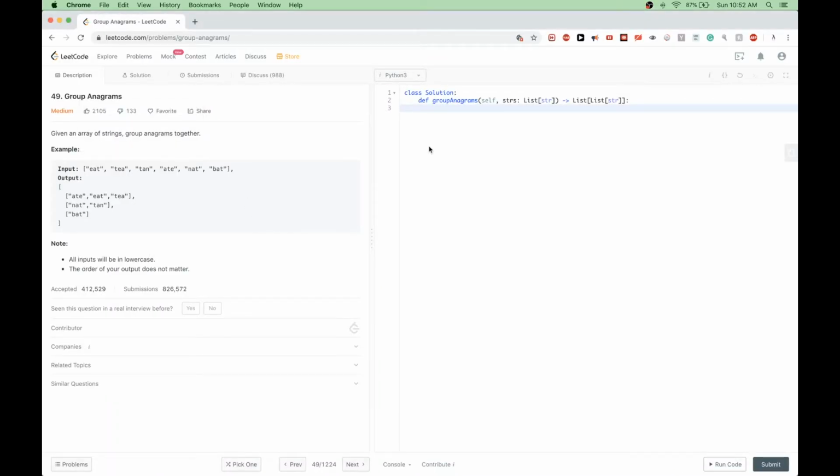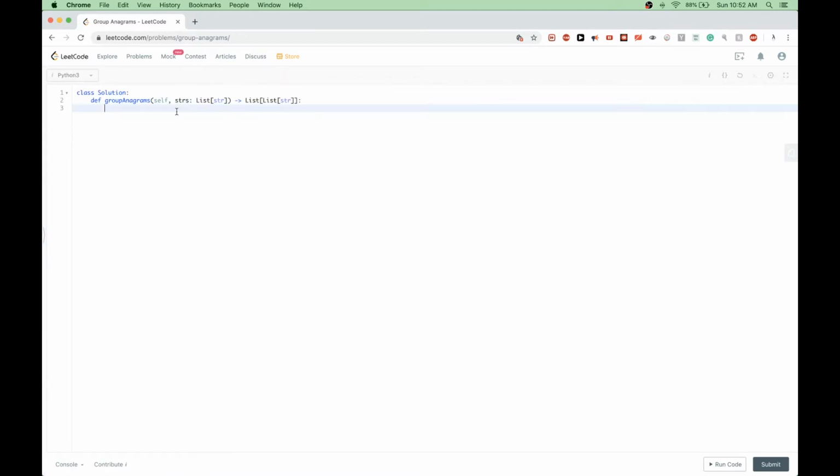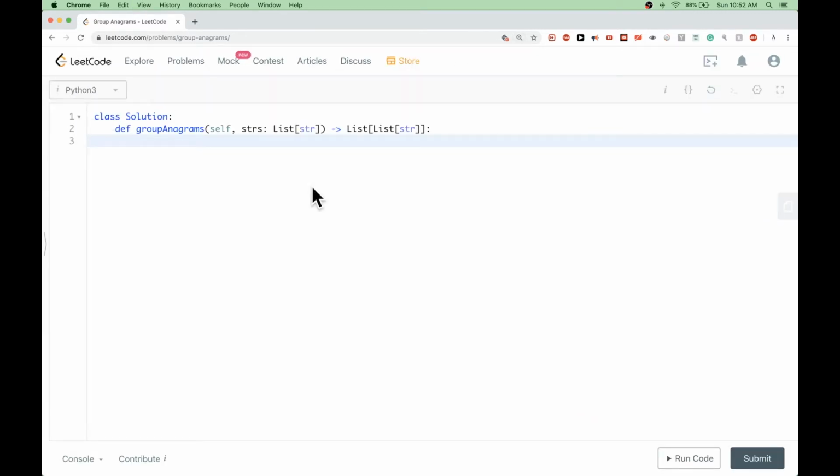Okay, so let's implement the first solution, which was to make the key a sorted representation of the string. First we need the groups, which is just the map that will have the keys and the values. So let's make it a default dictionary of list. For every string in the list of strings, we would have groups of the key, which is just the sorted string.